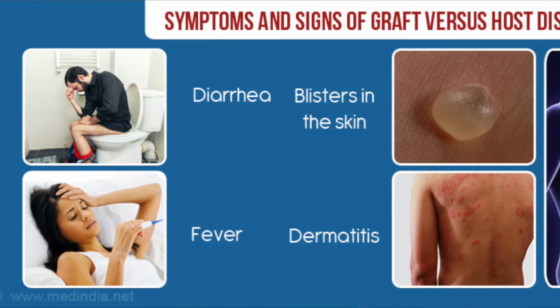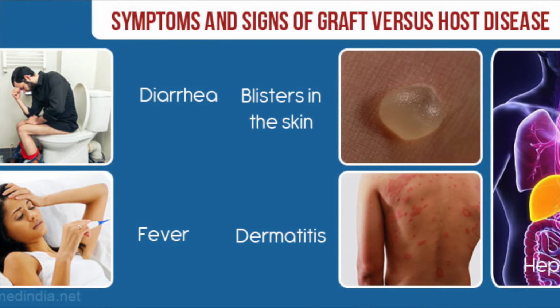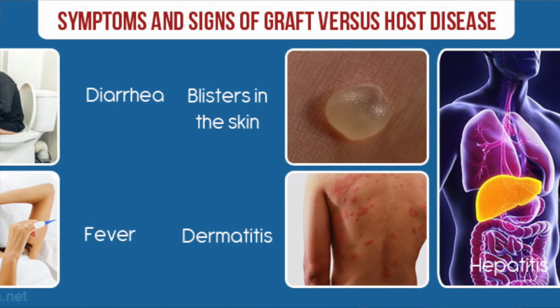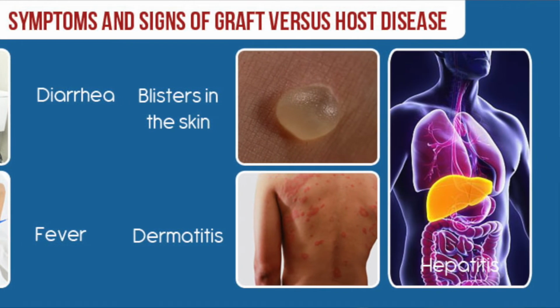Any tissue or organ can be affected, and the symptoms usually vary. But common symptoms would be rash, mouth ulcers, and some people might complain of abdominal pain as well as other gastrointestinal symptoms.